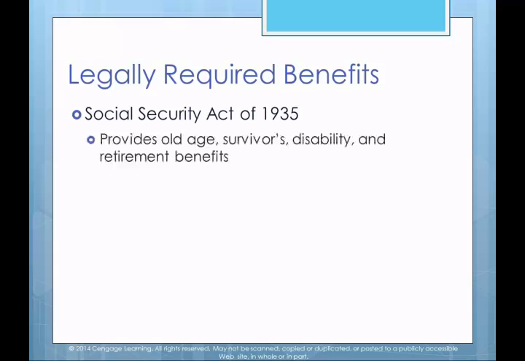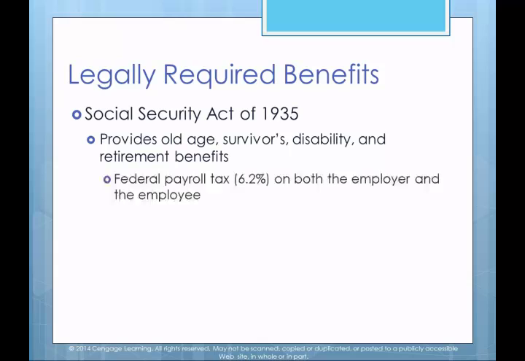The Social Security Act of 1935 provides old age, survivor, disability, and retirement benefits. And you'll see on page 436, if you look up your year of birth, anybody born after 1960, it's now 67 years old when you can start getting Social Security benefits.